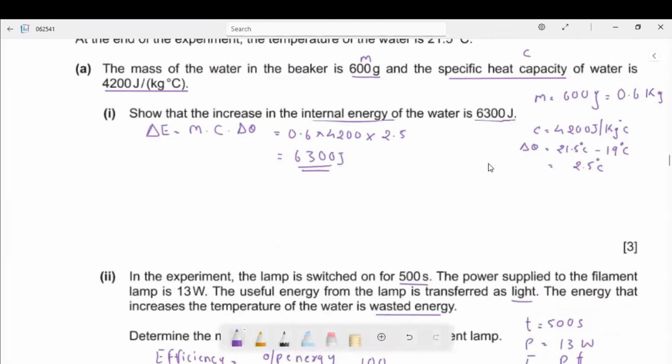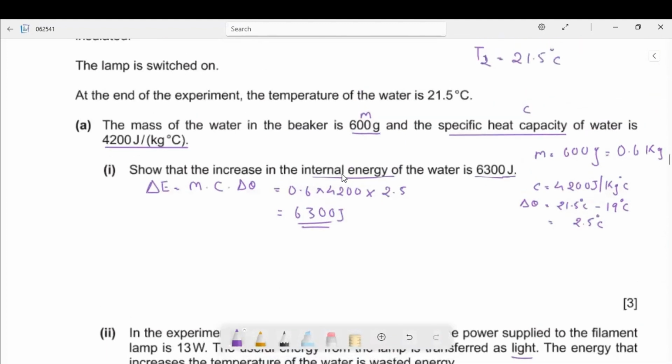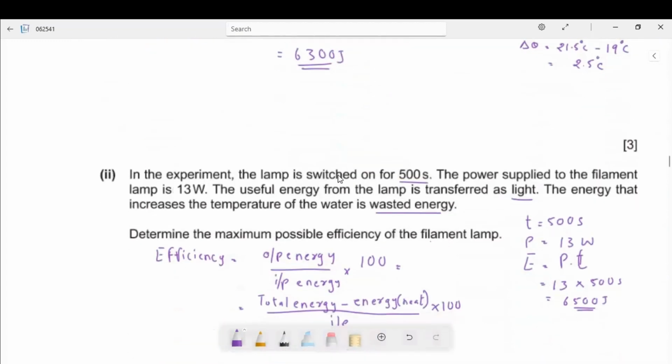Energy dissipated as heat is increasing the internal energy of water, the heating of water, that is 6,300.